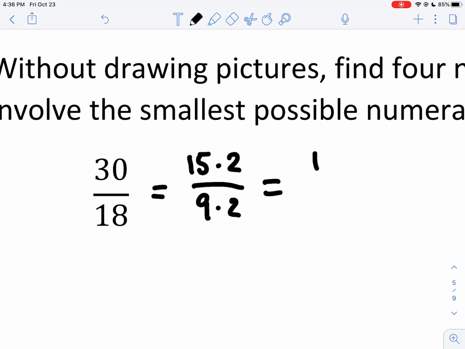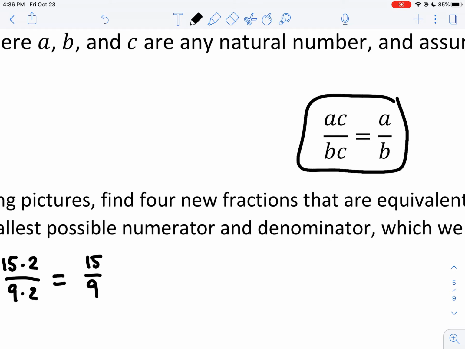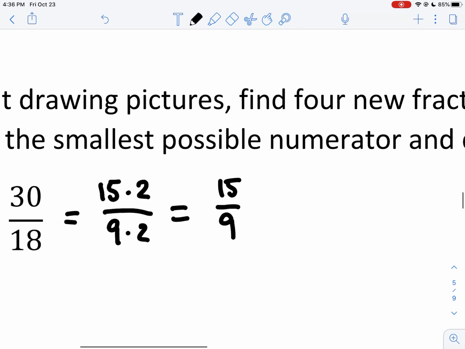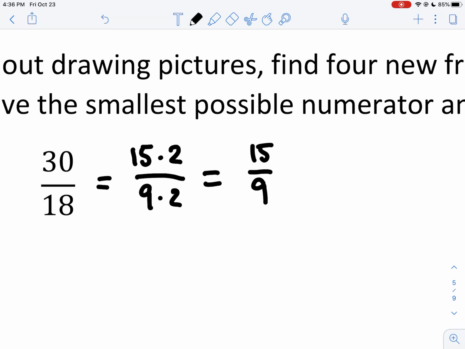And say this is going to be the same thing, therefore, as 15/9. That's like me going here and ignoring the c's, changing it to just a over b. And I don't say ignore. In reality, you have a 2 divided by 2, which is a 1, and 1 times 15/9 is 15/9. But when you're thinking in terms of fractions and pieces, it's almost as if you ignore the 2's. They're not there.